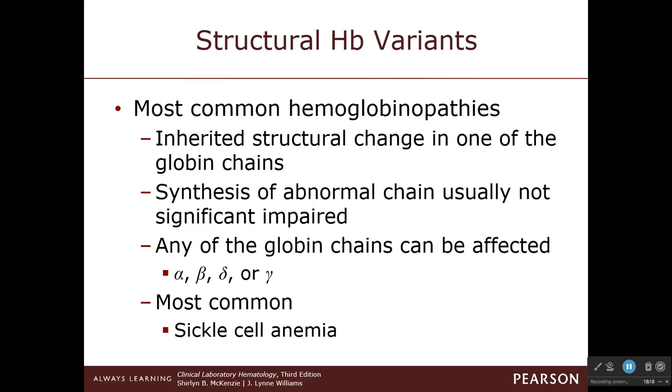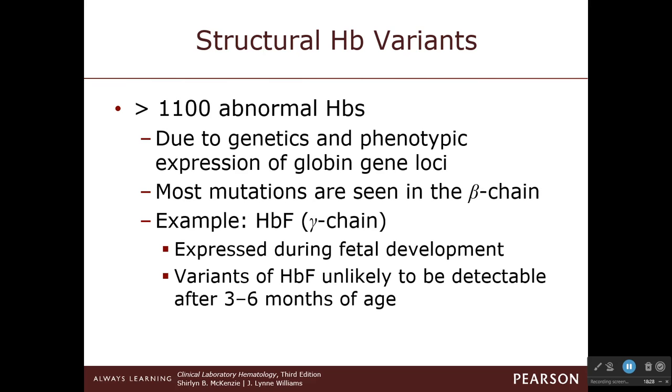Any of the globin chains can be affected. We talked about that, but the most common one is sickle cell anemia, okay? There's over 1,100 abnormal hemoglobins in the world that we know about today. Every one of these is due to genetics and phenotypic expression.